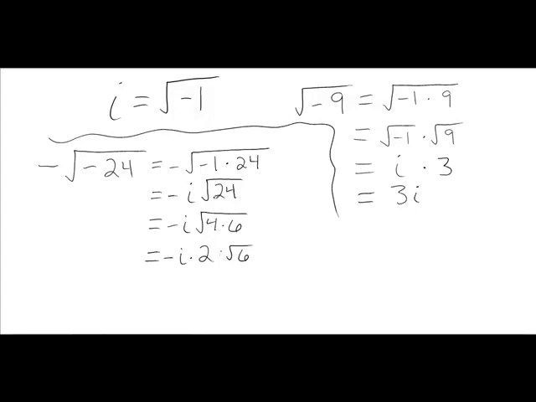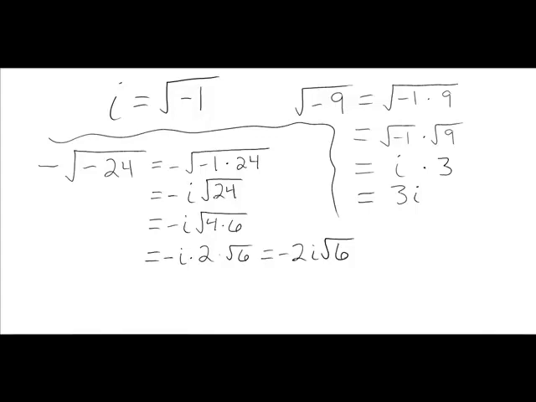I took the square root of 4, which is 2, and the 6 is still under the square root. So how am I going to write that final answer? I'm going to write -2i square root of 6. That's the simplest way to write that. Yes, it's true. We can do that with weird-looking negative numbers.